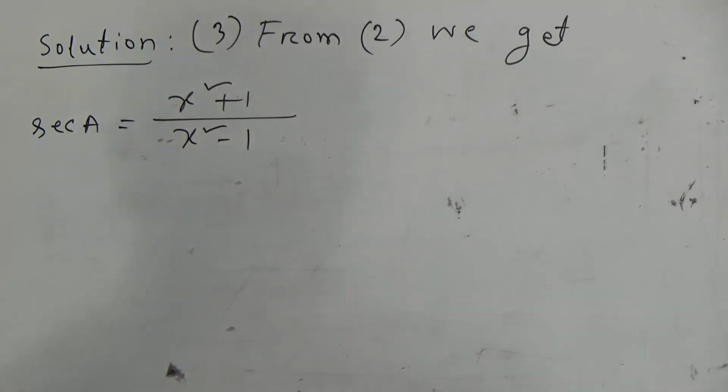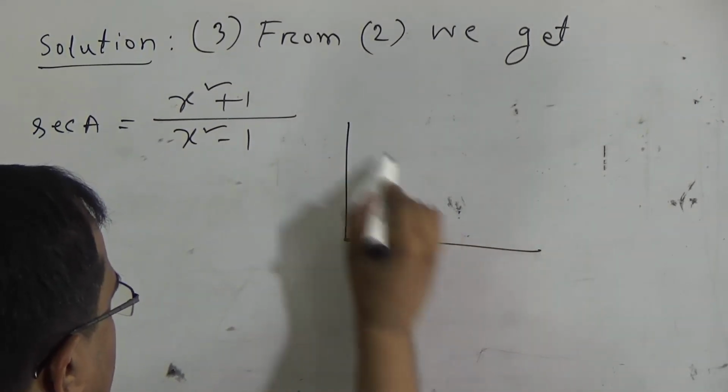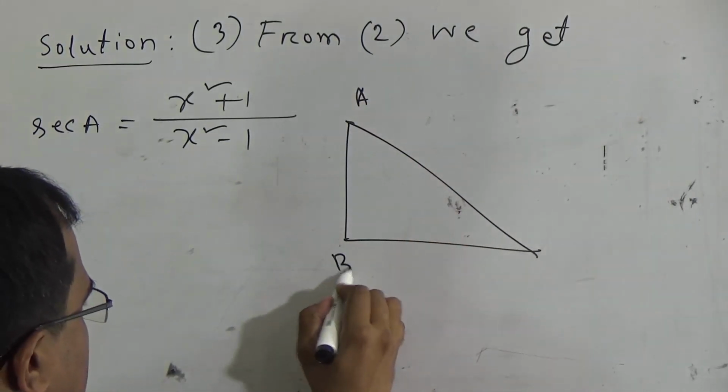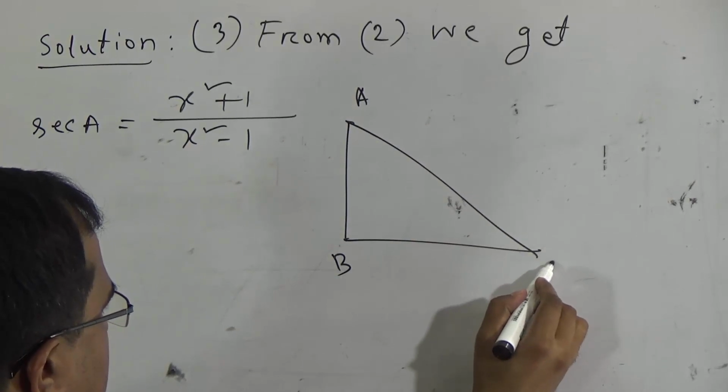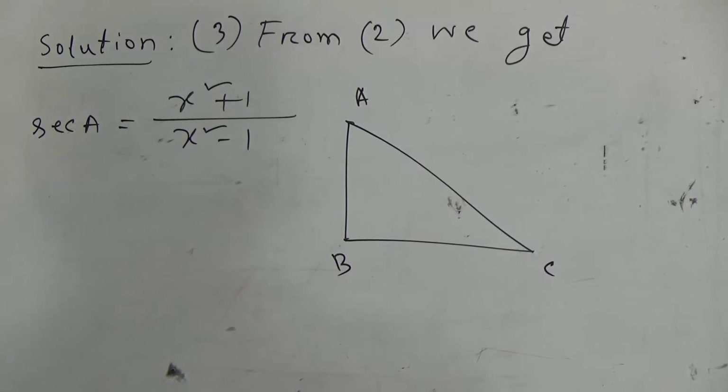Now we'll draw a right angle triangle A, B and C. We know that sec means hypotenuse divided by opposite side. Sorry, hypotenuse divided by adjacent side.